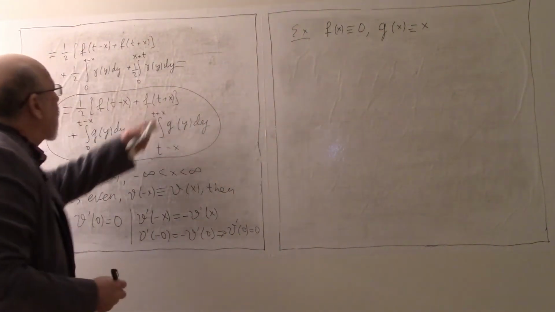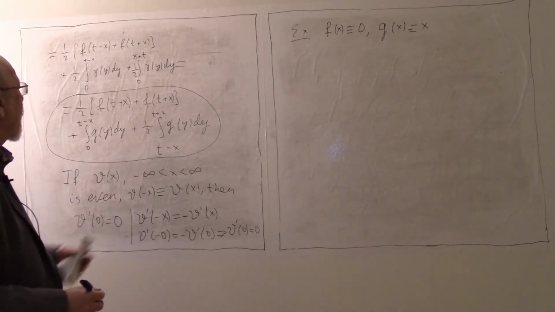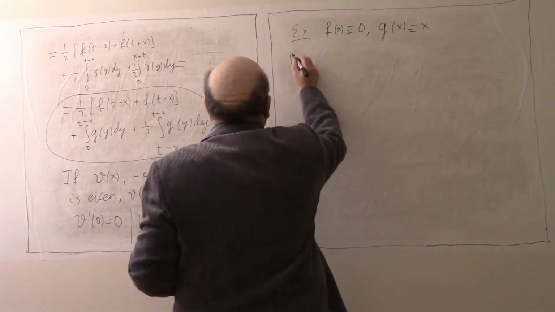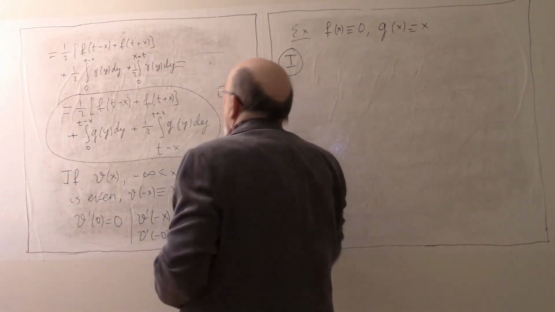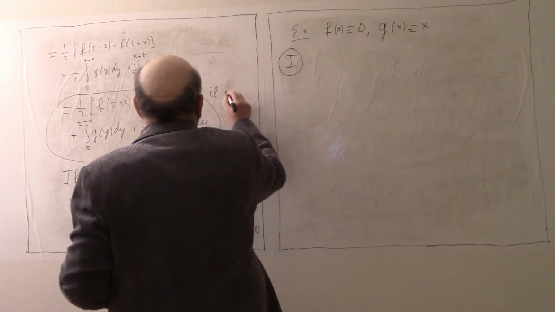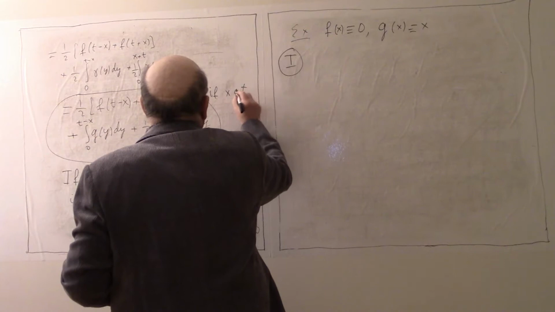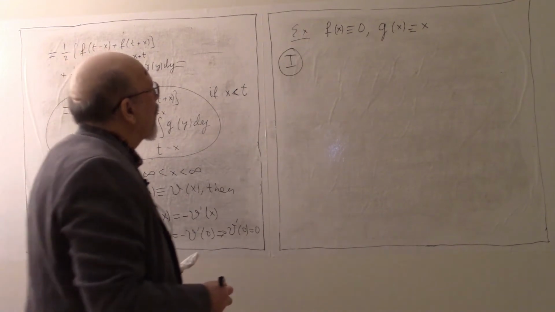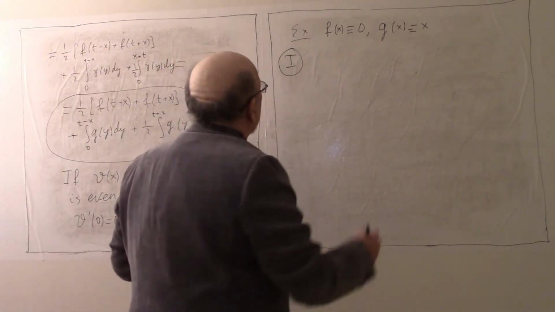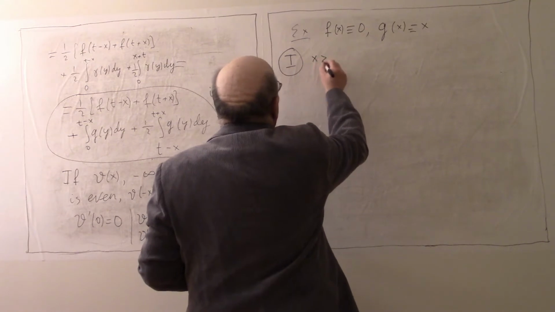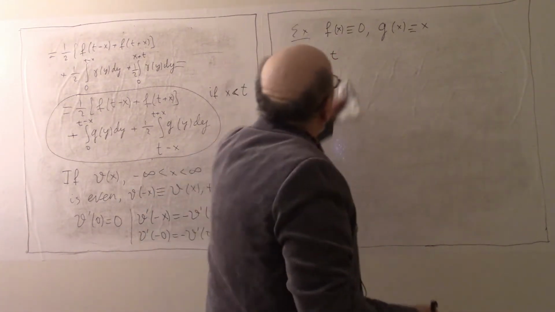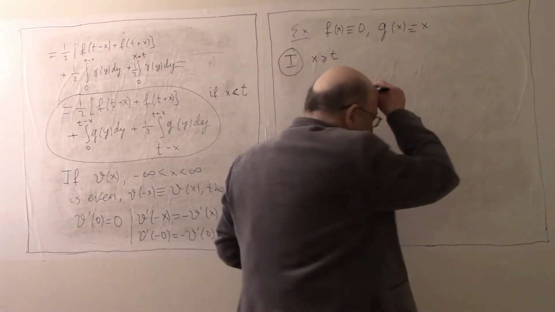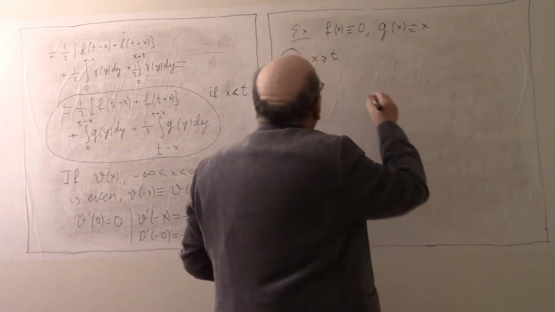In this case, the first term is 0 and remains the second, the third term. In the domain x less than t. And if x more than or equal to t, we have the previous formula. No, we have to use the formula for the whole line.